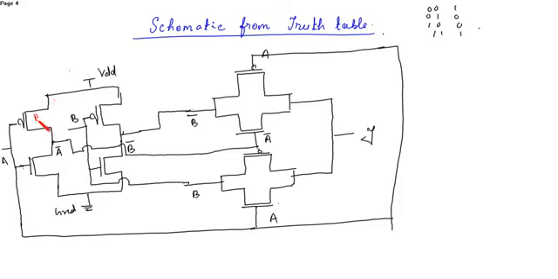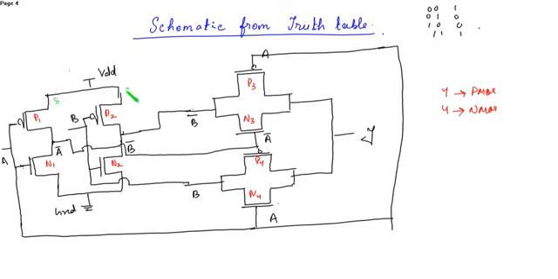This is P1, P2, P3, P4, N1, N2, then N3 and N4. So you can see there are 4 PMOS and 4 NMOS. We all know the terminals.